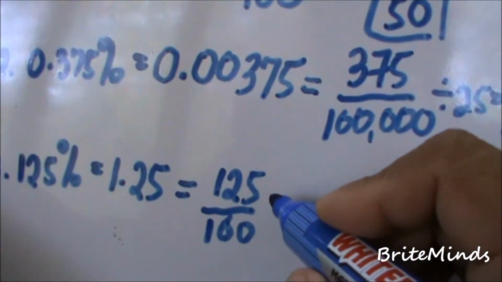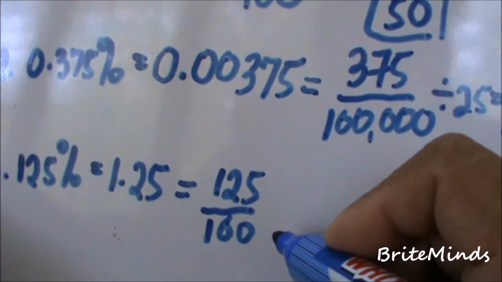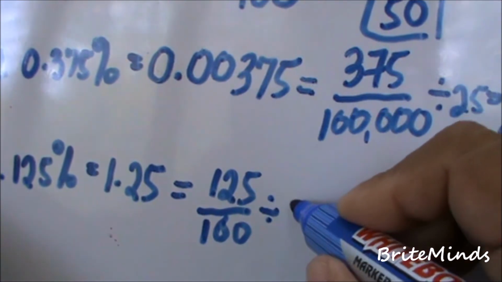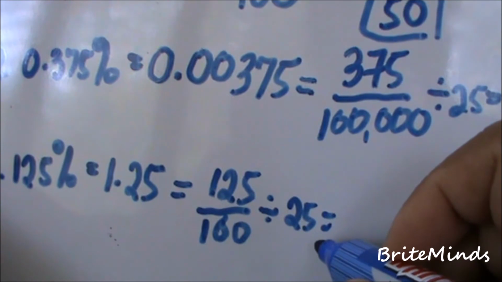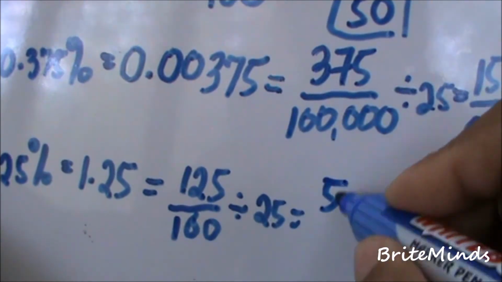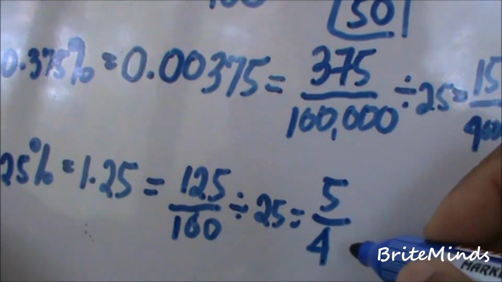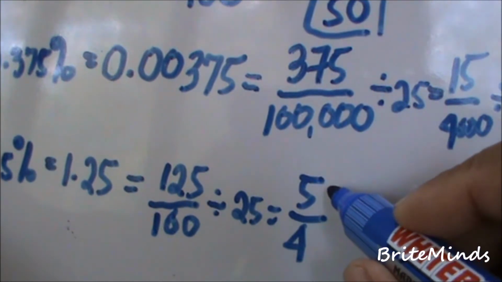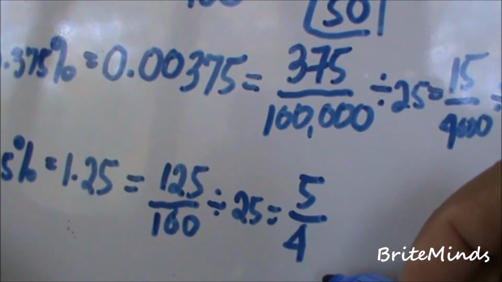In our fraction, we need to reduce it to lowest terms, so we divide it by 25. 125 divided by 25 is 5, and 100 divided by 25 is 4. So we have an improper fraction because the numerator is greater than the denominator.